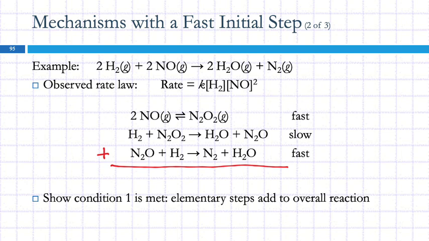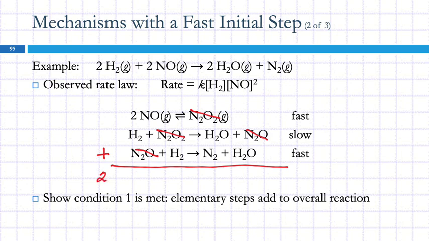Here we have N2O2 forming, and then here it's being destroyed. So those are going to cancel each other out. And then here I have N2O being formed and then destroyed. So I'm going to cancel that one out. And everything else is just on one side.